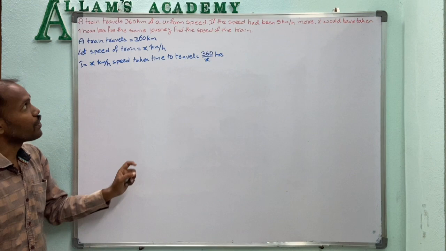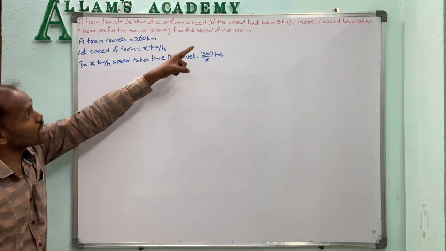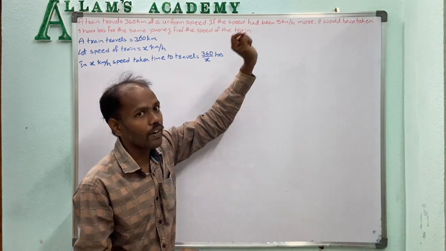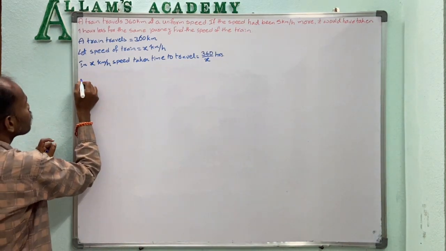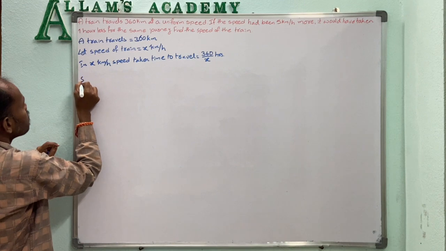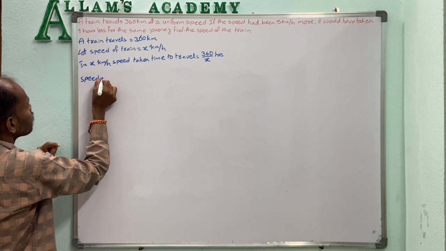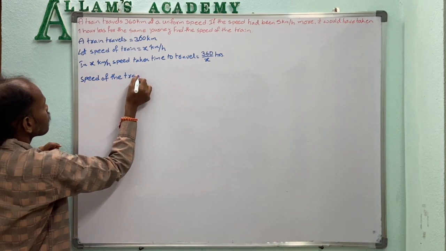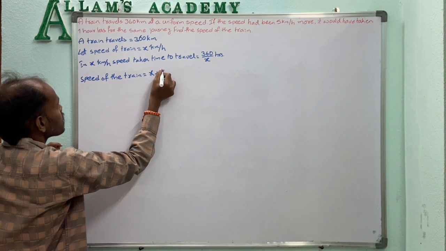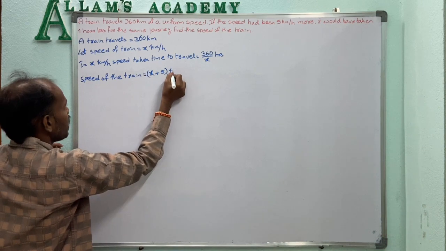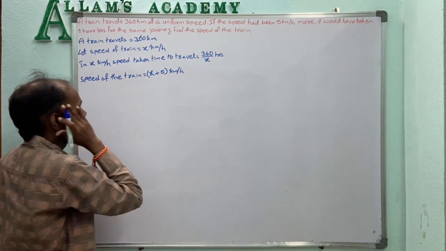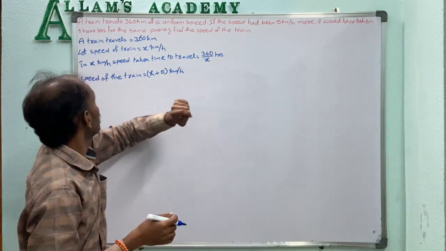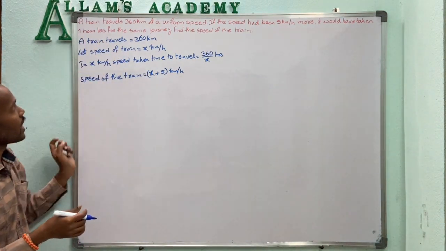Next, if the speed of the train is 5 kilometers per hour more, the speed of the train is x plus 5 kilometers per hour. Why? Because the train speed is increased, so it would take 1 hour less time.